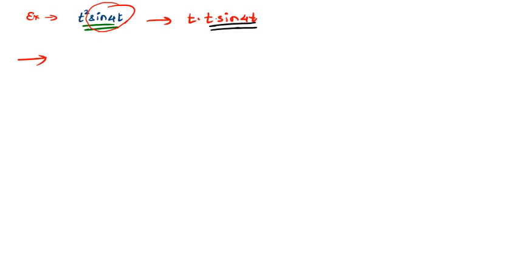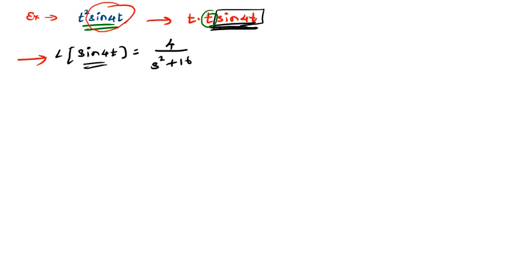To do so, identify the minimum term whose Laplace transform is known to us directly. We know the Laplace transform of sine 4t directly using the standard Laplace transform, that is 4 upon s square plus 16, the square of 4 being 16. Now insert this t here.